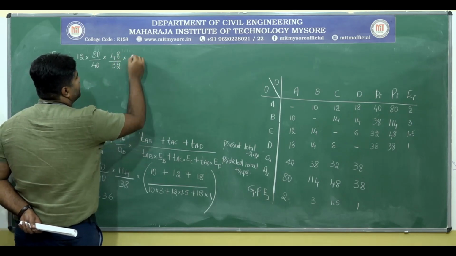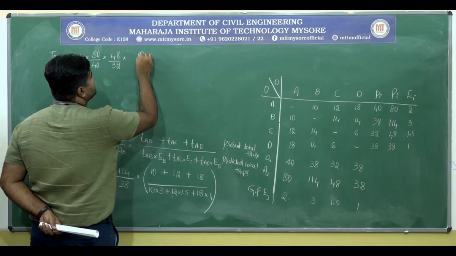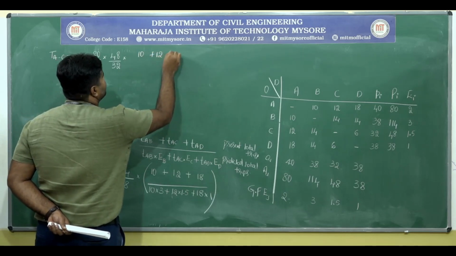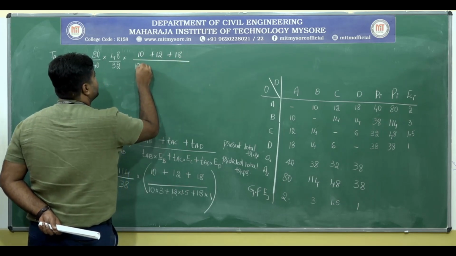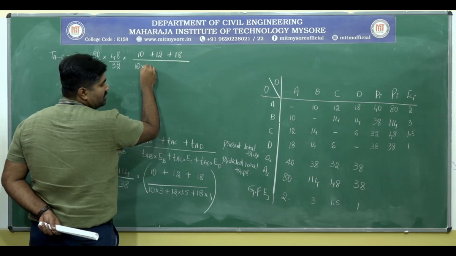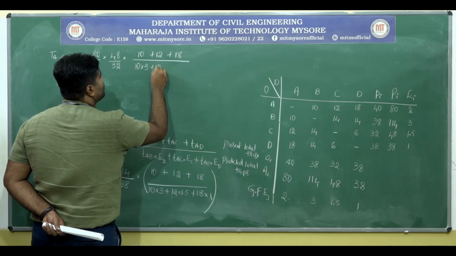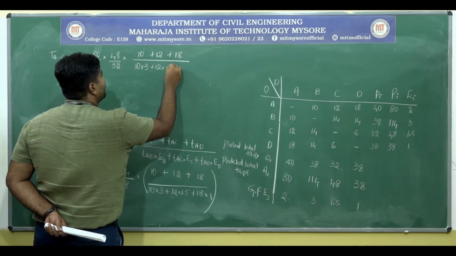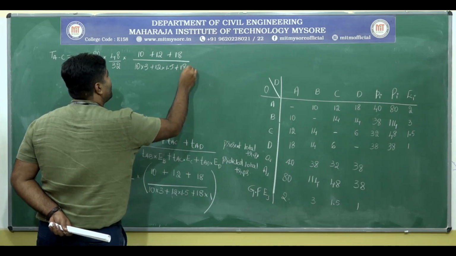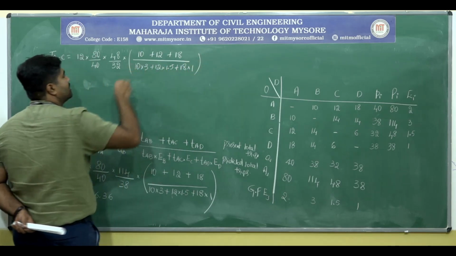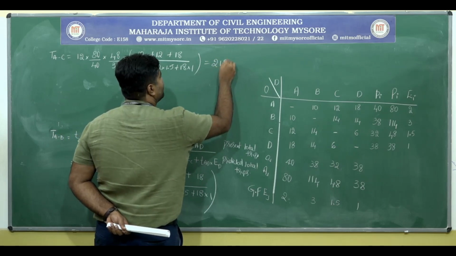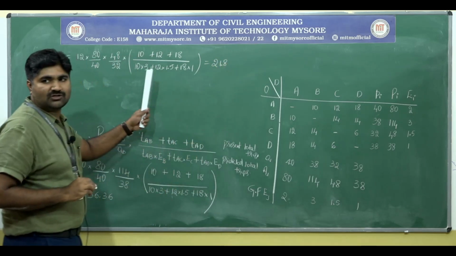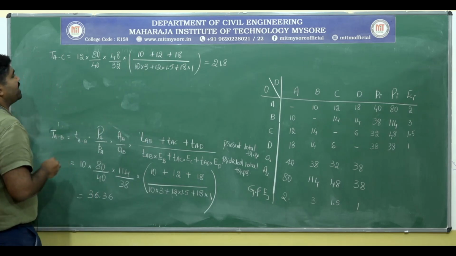Next, total number of trips, 10 plus 12 plus 18 divided by the attraction growth factor, 10 into 3 plus 12 into 1.5 plus 18 into 1. I think you will get 21.8. Use the calculator, you have to check this value.